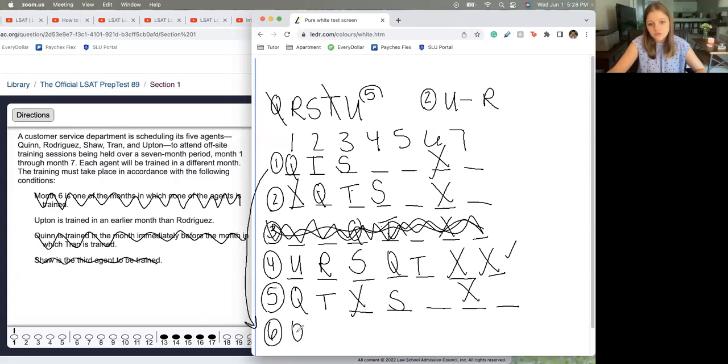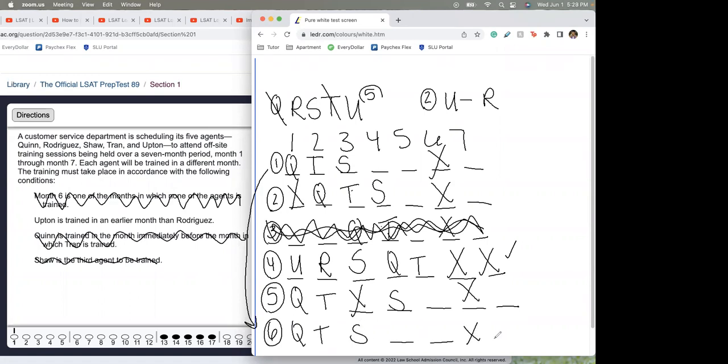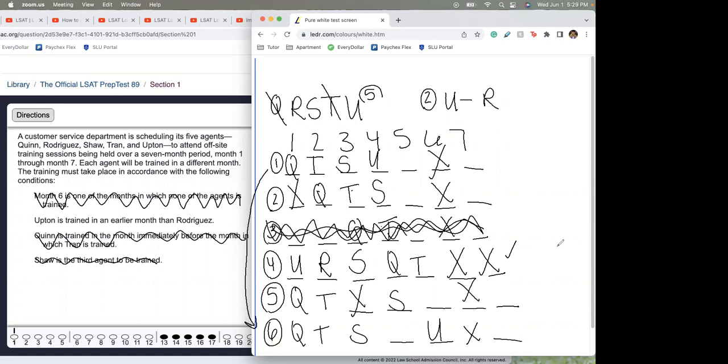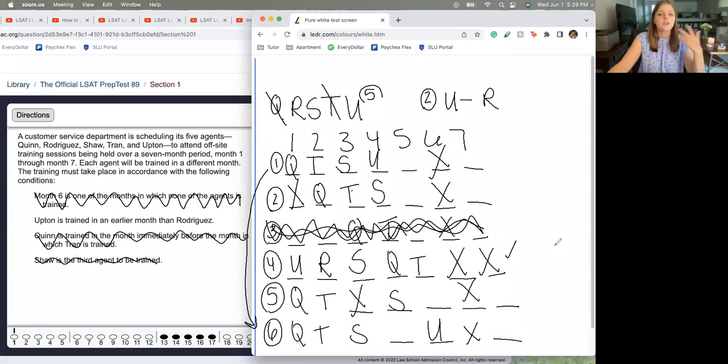So we're going to create a duplicate, because you said U can go in number 4 or in number 5. And now that we have an idea of where U is, R is just going to fall into place.